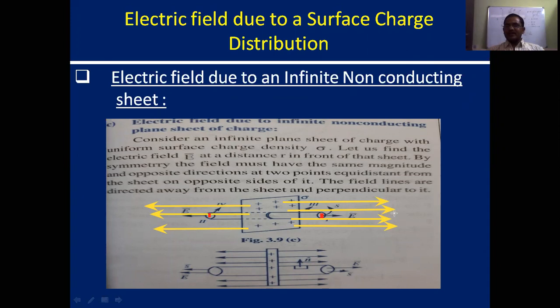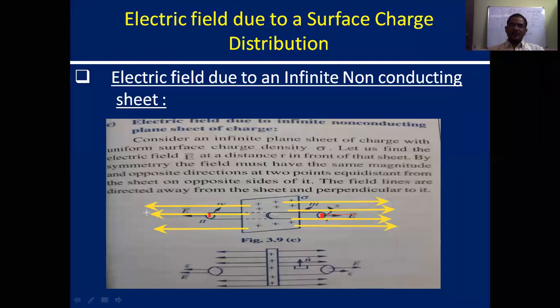That is the direction denoted by the yellow line. But the direction of ds bar is in this direction. Here ds bar, E bar are in the same direction. Therefore, the flux through this small circular region, E bar dot ds bar equals E into ds. Similarly here also, E bar, ds bar in the same direction.